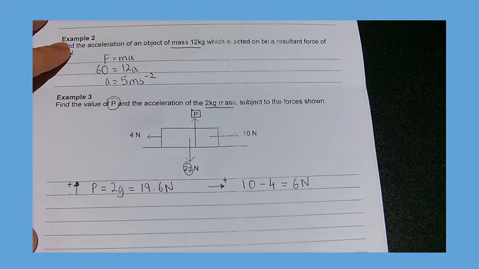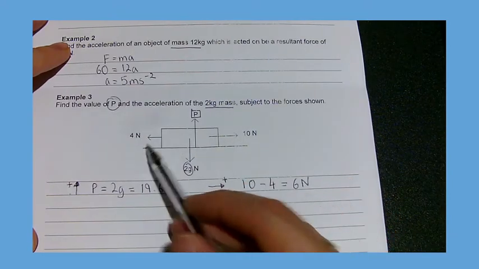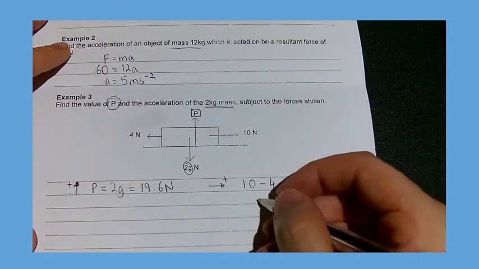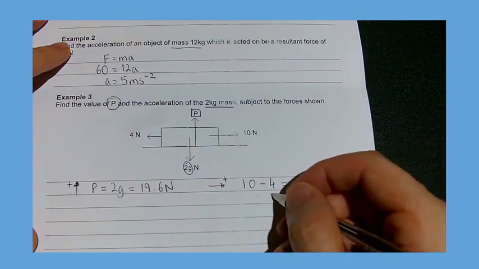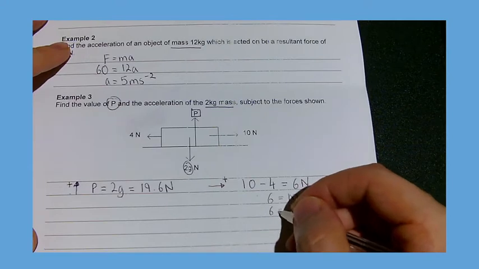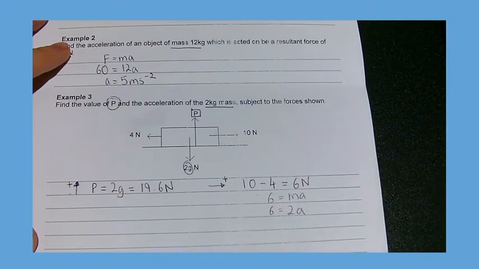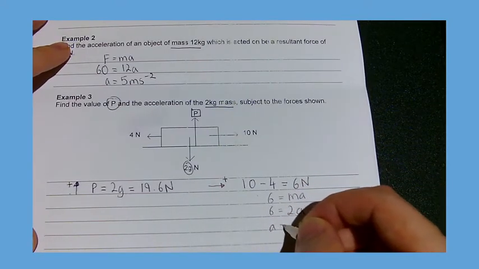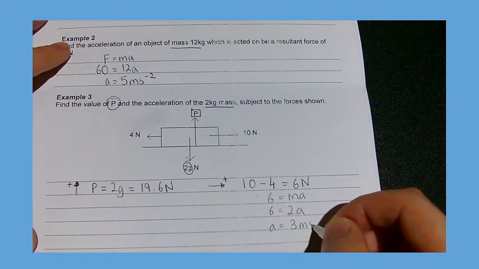So there's an imbalance of forces here by 6 newtons, and that is equal to ma. m is 2, and we solve and we get an acceleration of 3 meters per second squared.